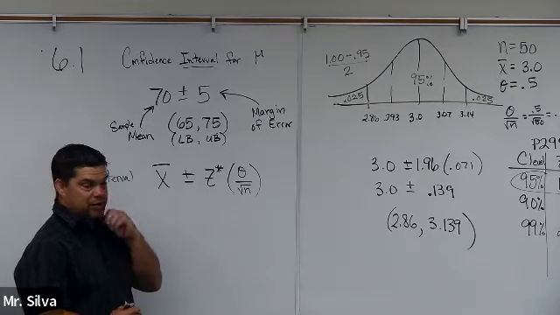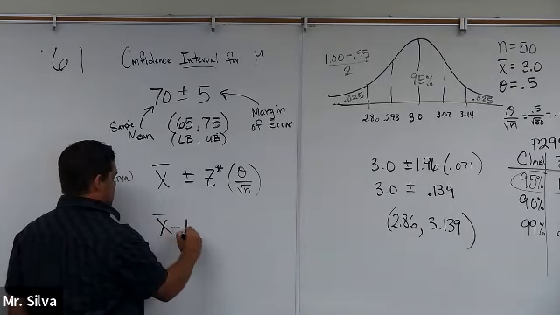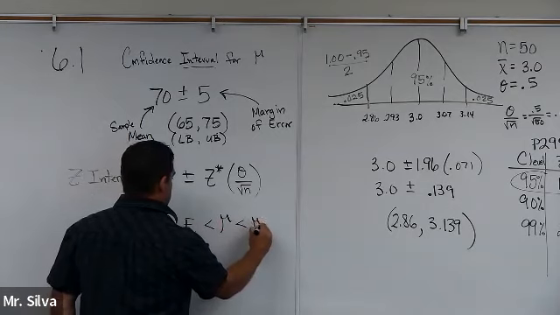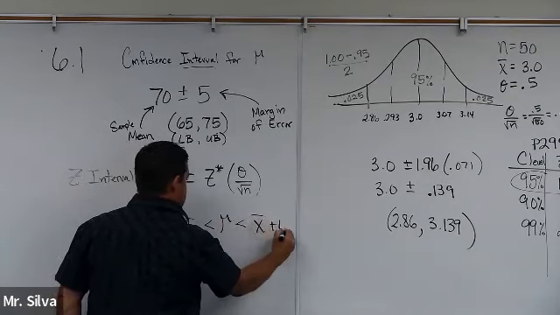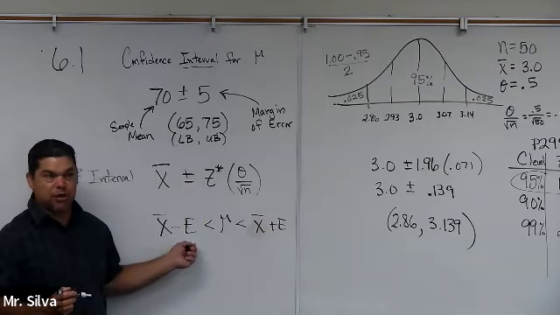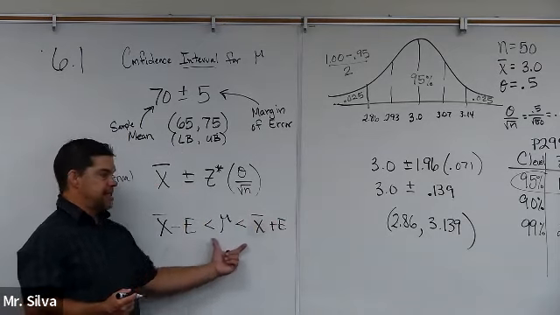The textbook goes something like this. X bar minus E. X bar plus E. So this is what the book says. If you're following along in the textbook, the book says this.